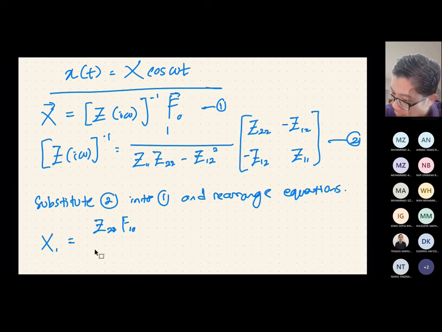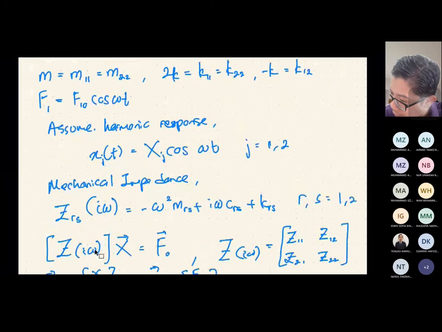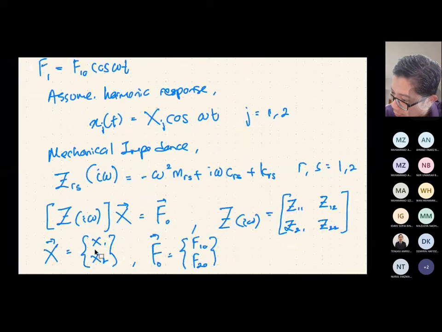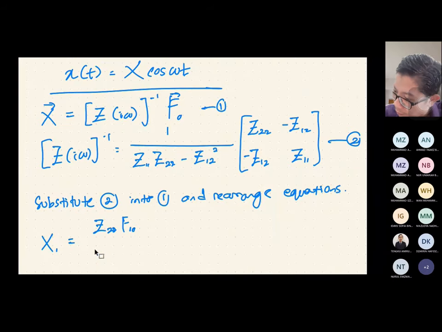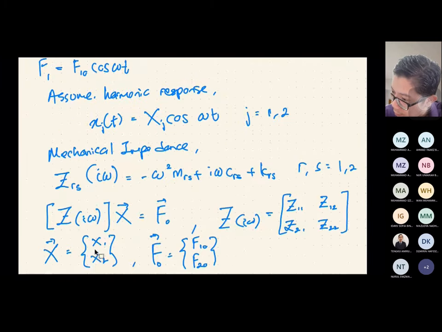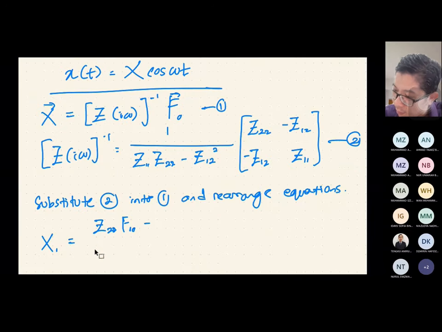Betul dia je dulu. Okay, so kalau ikutkan kat sini f20 tak ada. F20 is equal to 0. So if we rearrange the equation using this one, okay. Kalau just substitute since f20 tak ada, but I'll just write down here.